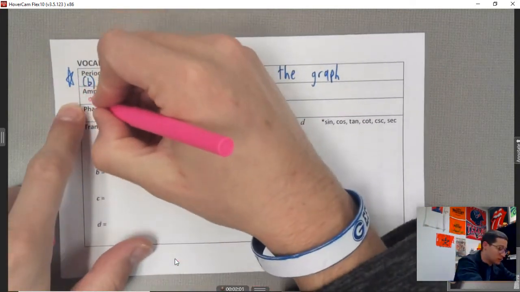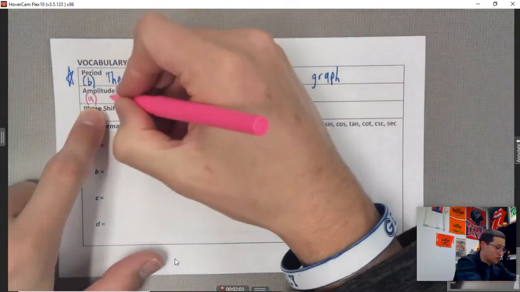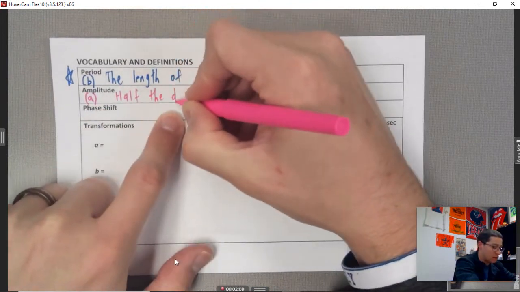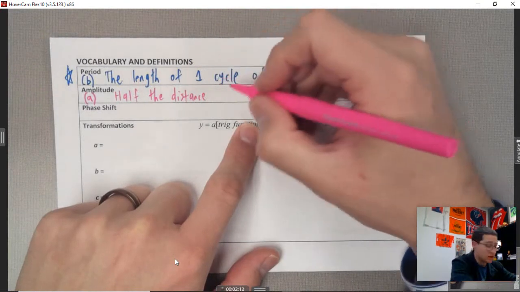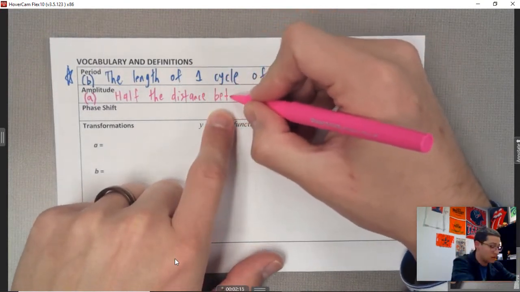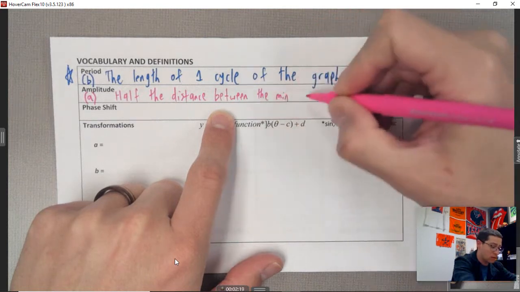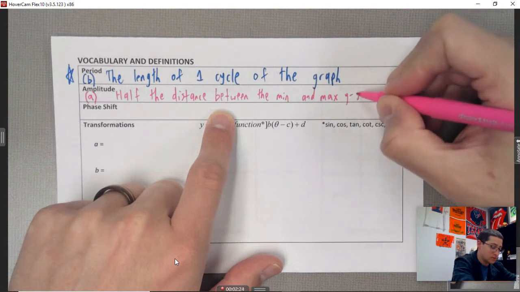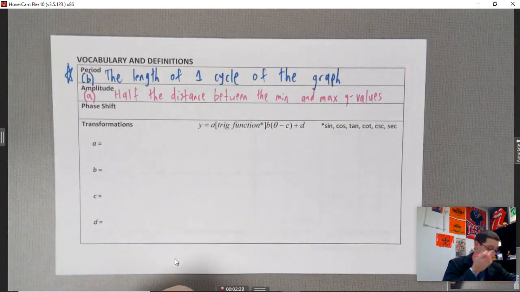Okay, the amplitude. This is represented by a. Now, there's no tricks or anything here. A is your amplitude. What this represents is half the distance between the min and max y values, and we will see that in a sec.